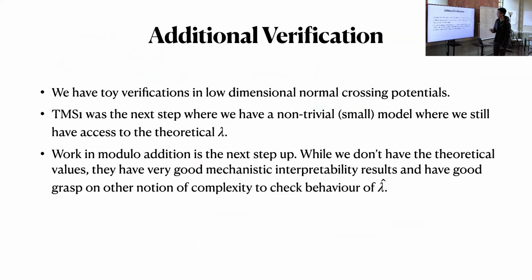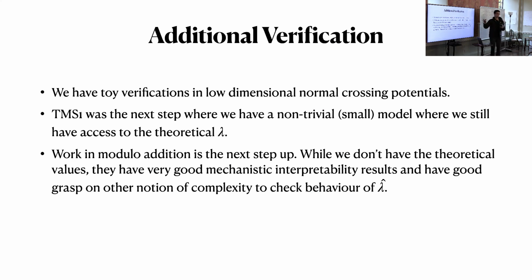TMS is a setting in which it's non-trivial. Well, it's a toy model, but not toy specifically for this application. But the important thing is that we still have access to the theoretical RLCT with some very heavy calculations needed. But we have that, and we did check that it can recover the correct value.